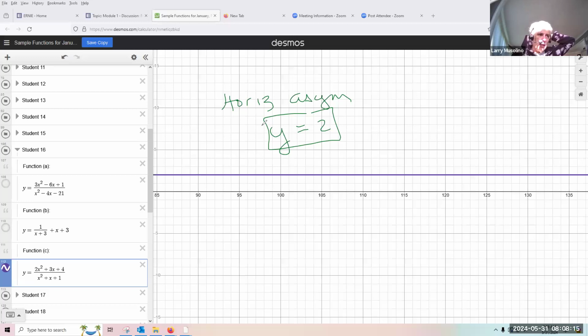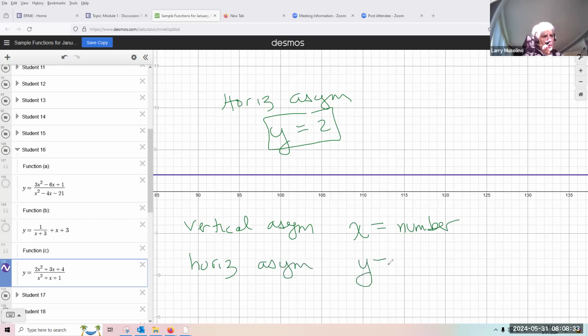And what are horizontal asymptotes? That's a horizontal line that the graph gets closer and closer to. Anytime you want to write a vertical asymptote, the equation is going to be x equals some number. Anytime you want to write a horizontal asymptote, the equation is going to be y equals some number.